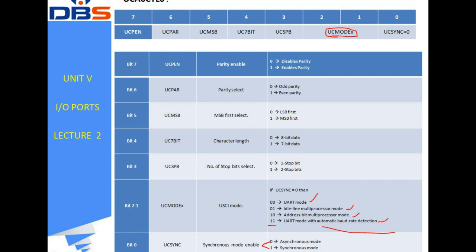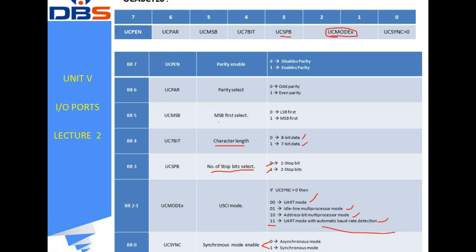And coming to the next one, number of stop bits selected. If it is 0, there is 1 stop bit. If it is 1, we are going to have 2 stop bits. Then the character length: if it is 0, we are transmitting 8 data bits, and if it is 1, we are transmitting 7 data bits.